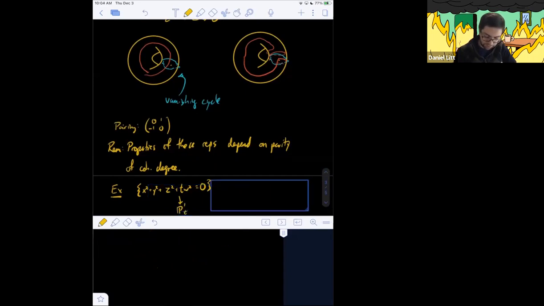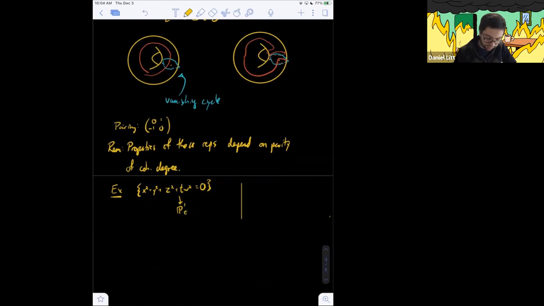So what does this family look like? The generic fiber is a nice smooth quadric surface like this, and it's degenerating to a quadric cone.